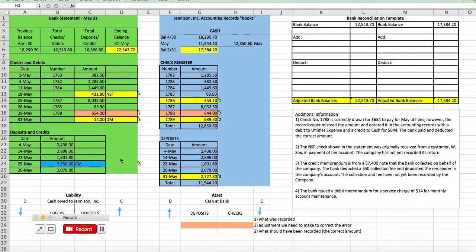So what I have done here is I've highlighted the differences that I found. There were 7 differences. Hopefully you can go through that process and find them yourself as well. But that basically tells us that these are all of the differences that make up the difference between these two bank and book balances.